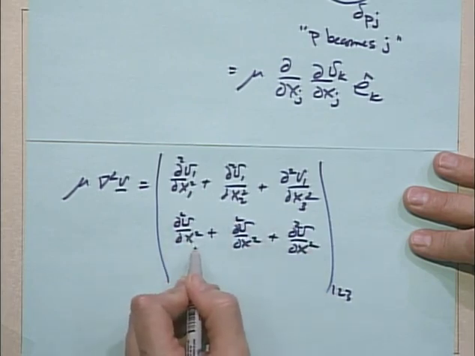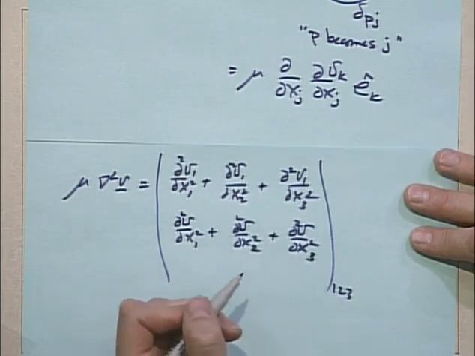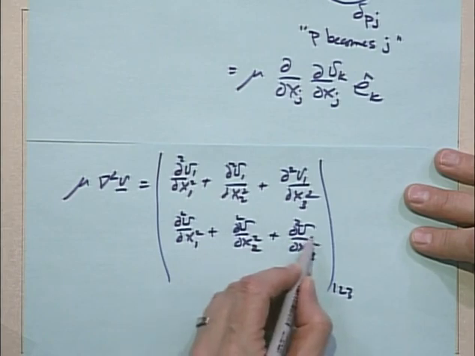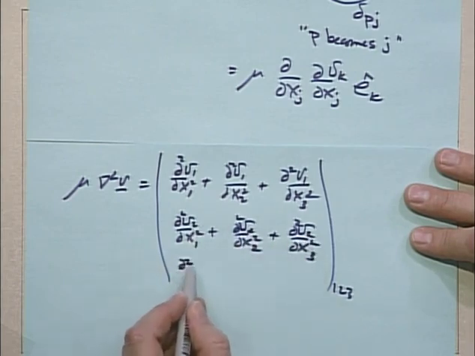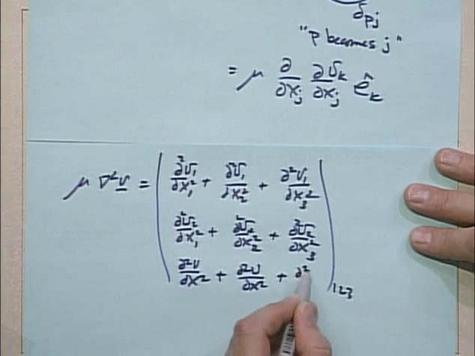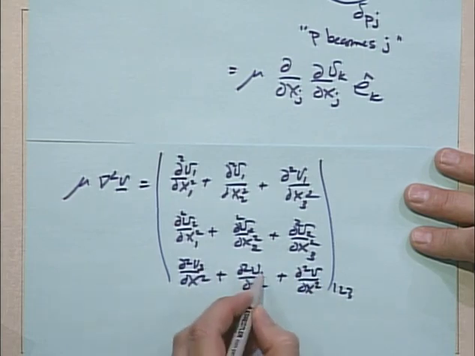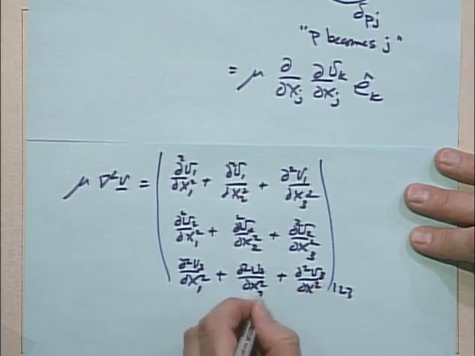And then these go 1, 2, 3. Okay? Can't make a mistake if you do it like that. And then these are all twos. So I do that again. Second derivative of v with respect to x squared plus second derivative of v with respect to x squared plus second derivative of v with respect to x squared. These are all threes. These go 1, 2, 3.